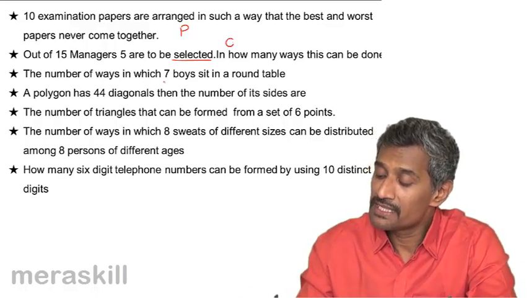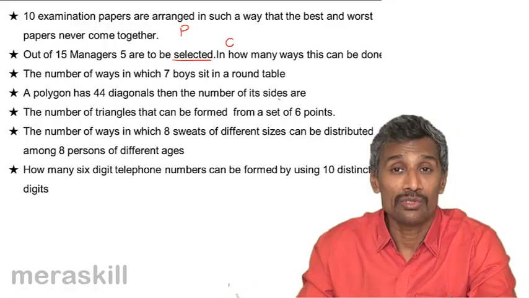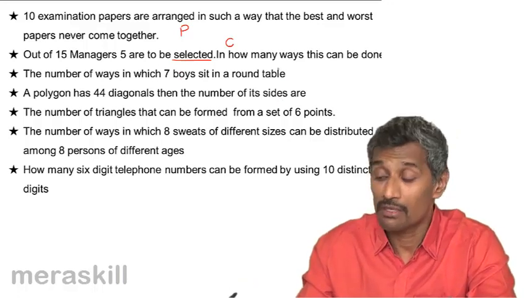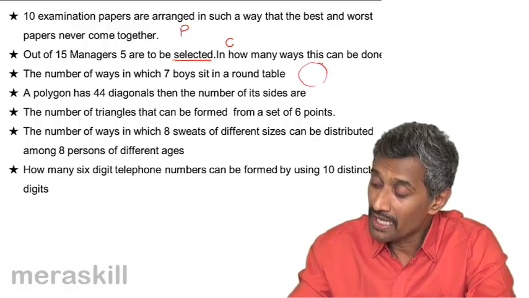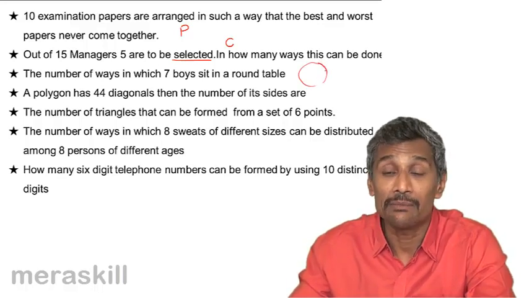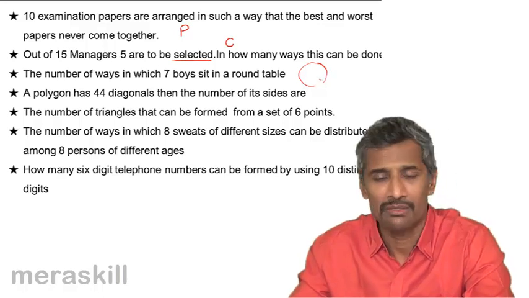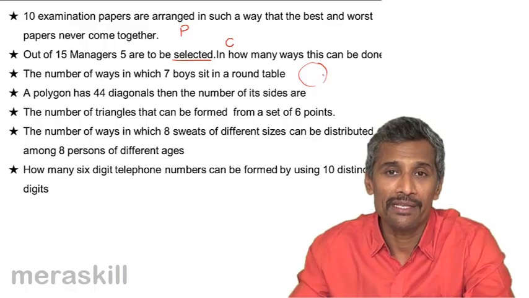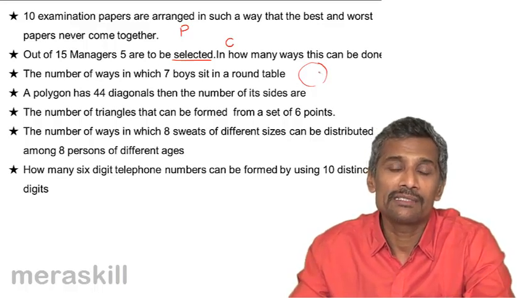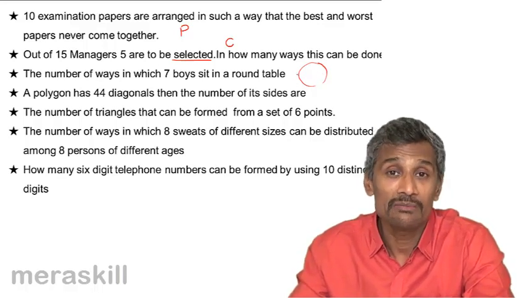Number of ways in which 7 boys sit at a round table. When you have a number of boys sitting around a round table, it could be A, B, C, D, E or A, C, D, E, B, or A, D, C, E, B. It's the same 7 boys, but if you take all the possibilities, it's not the same. Each possibility is different.